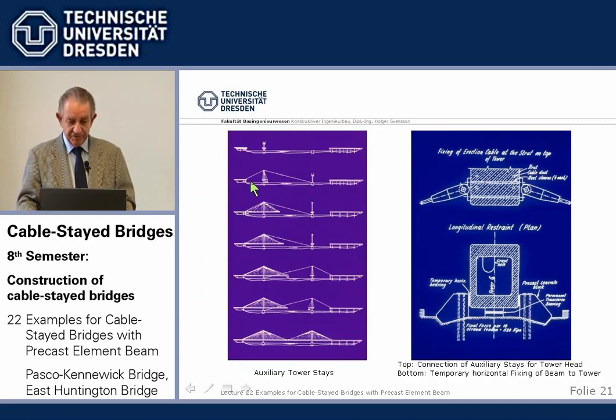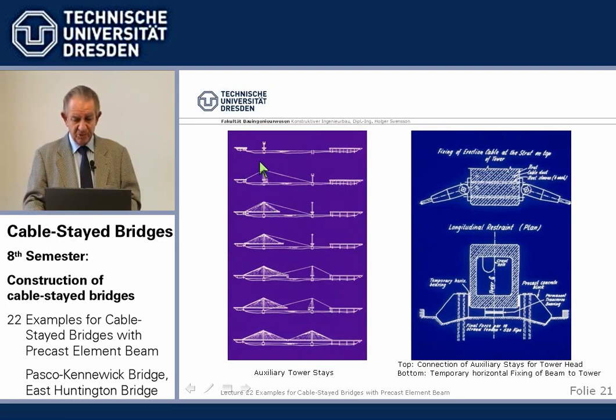We had to do free cantilevering from both sides outwards at the same time. So 270 ton weight elements with a big lever arm was too much for the tower, so we had to stay the tower. I've given you some calculations how to design these auxiliary stays.